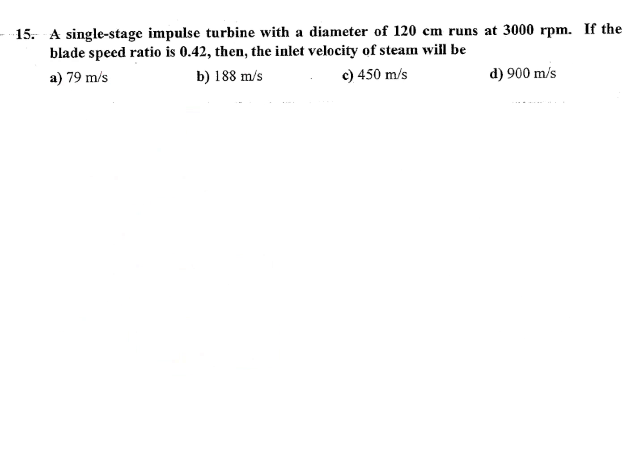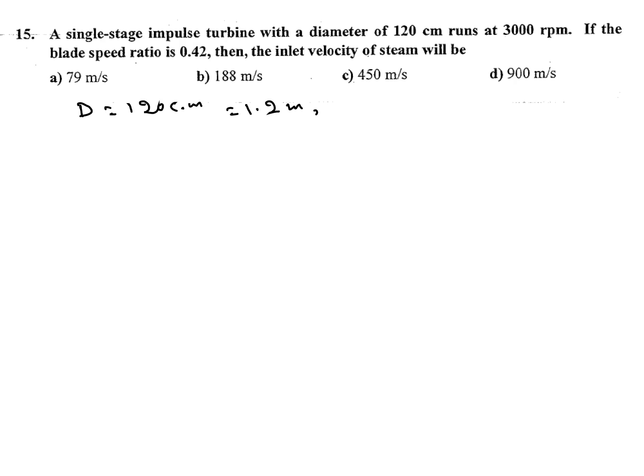A single stage impulse turbine with a diameter of 120 cm runs at 3000 rpm. If the blade speed ratio is 0.42, then the inlet velocity of steam will be how much? First we will write what data are given. Diameter D equal to 120 centimeter or 1.2 meter.